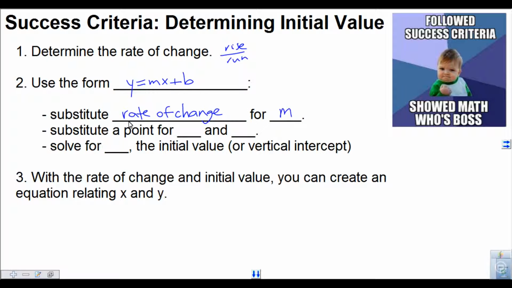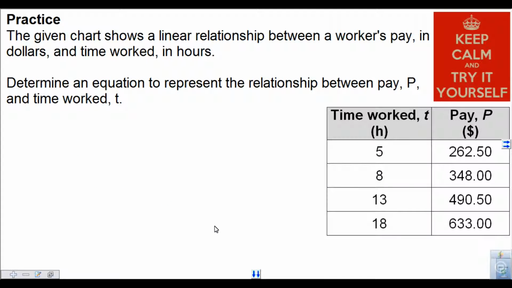Then you substitute a point into x and y, and solve for b, which is the initial value. And then once you're done, you can create an equation relating whatever your x and y variables are, using the rate of change that you calculated in the first step and the initial value that you calculated in the second step.